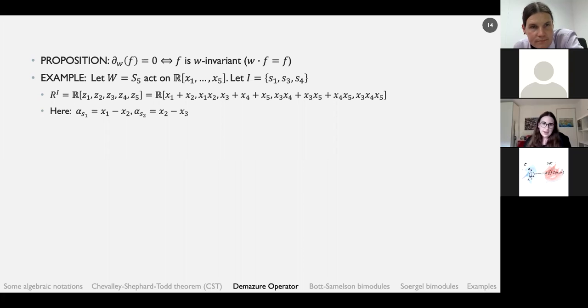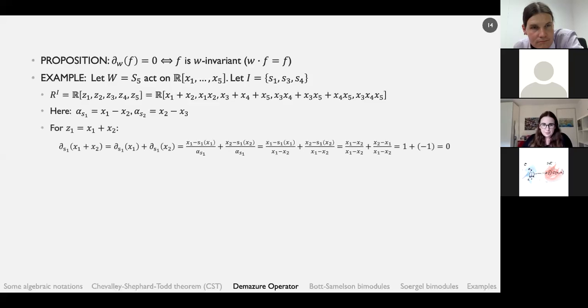We have again the same, that R is a polynomial ring with those 5 generators from above, but now alpha S1 is equal to x1 minus x2, and alpha S2 is equal to x2 minus x3, and so on. And the function S_i simply swaps the coordinates i and i plus 1. So now for Z1, which is equal to x1 plus x2, we can compute that this is the same as delta S1 of x1 plus delta S1 of x2.